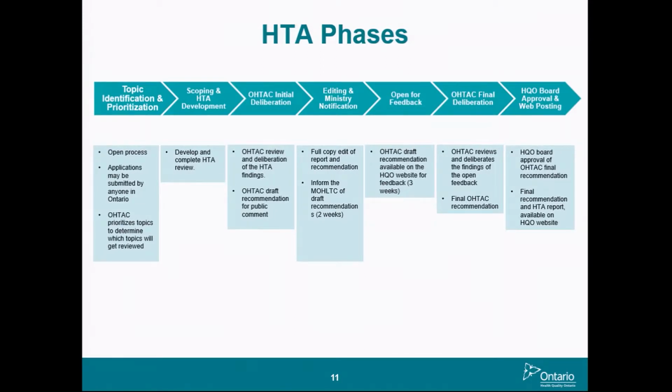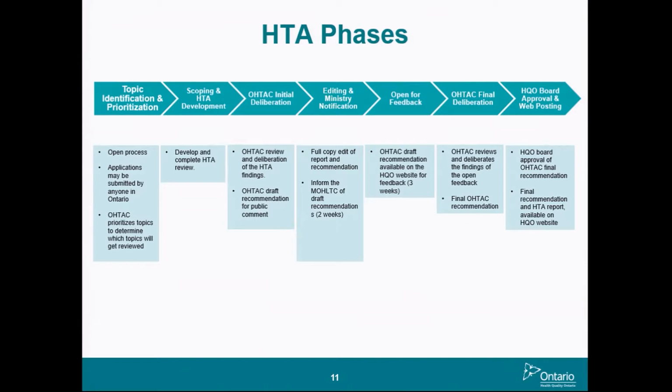So here are the HTA phases. Initially, the topic identification and prioritization is an open process, and applications may be submitted by anyone, including physicians, public, patients, anyone in Ontario. The OTAC subcommittee prioritizes the topics to determine which topics will get reviewed.